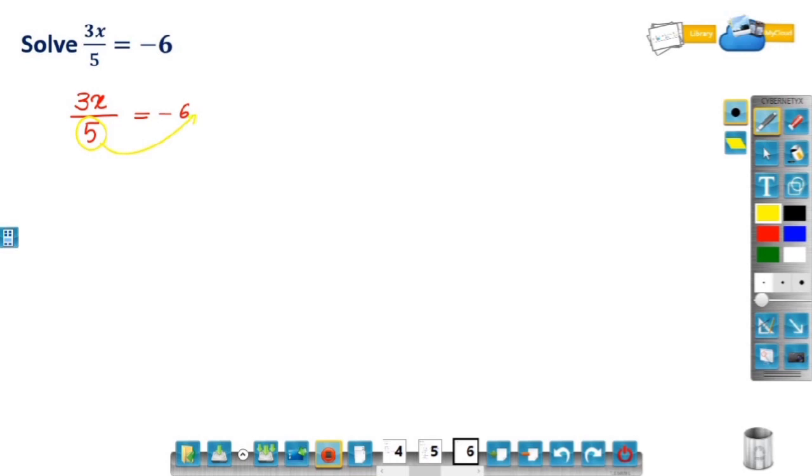So 5 we have to transpose to the RHS. So 3x divided by 5, division becomes multiplication. Minus 6 into 5, that is minus 30.